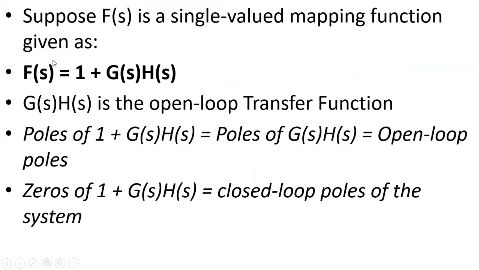So f of s is nothing but we can say that it's the total output when the feedback is also taken into consideration. So g of s into h of s is the open loop transfer function, and poles of 1 plus g of s h of s are equal to open loop poles. So zeros of 1 plus g of s h of s is equal to closed loop poles of the system.